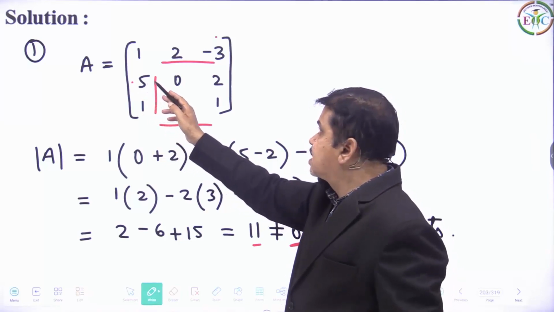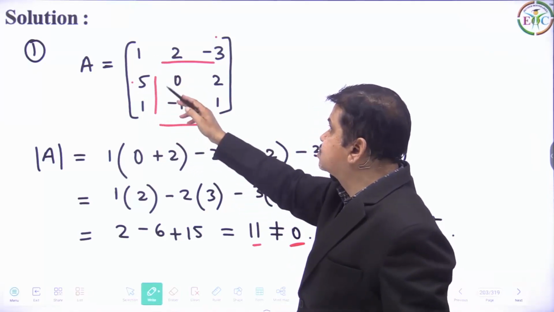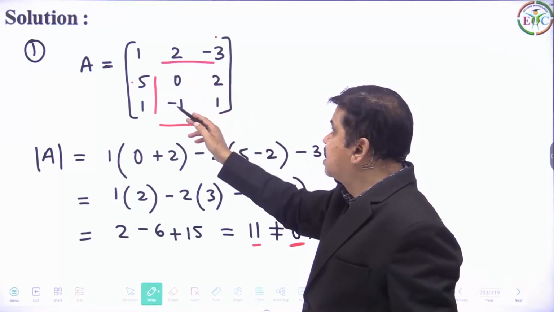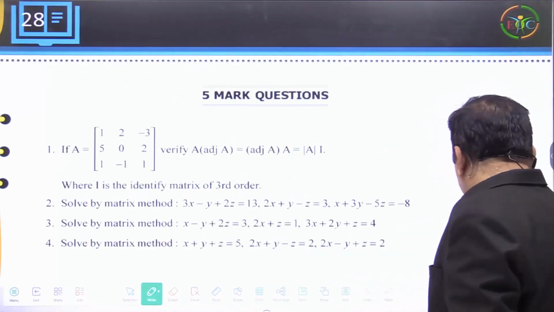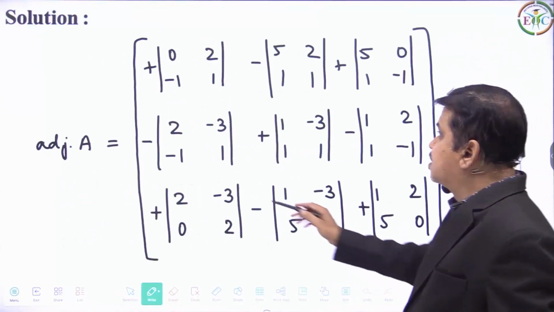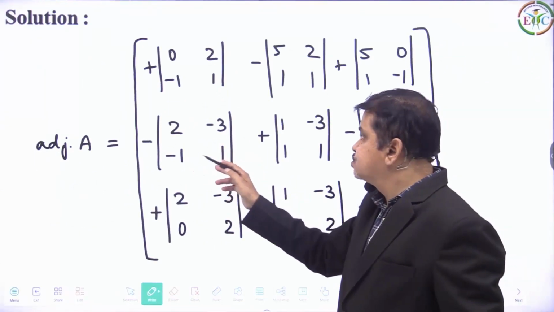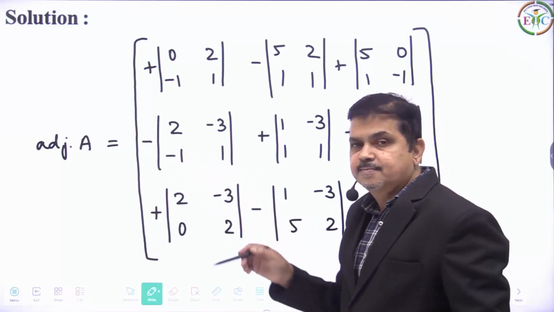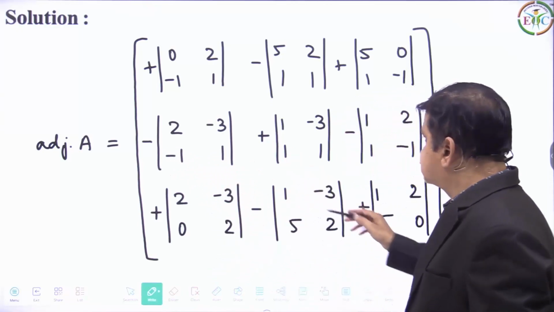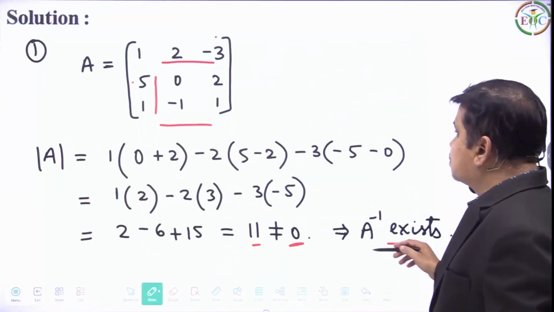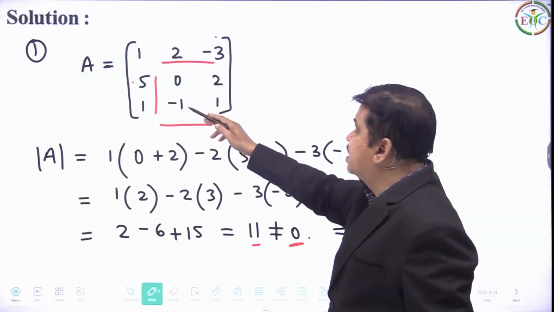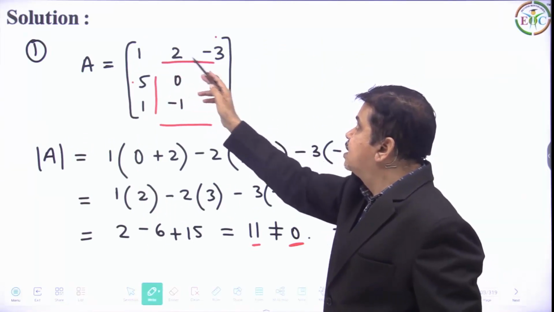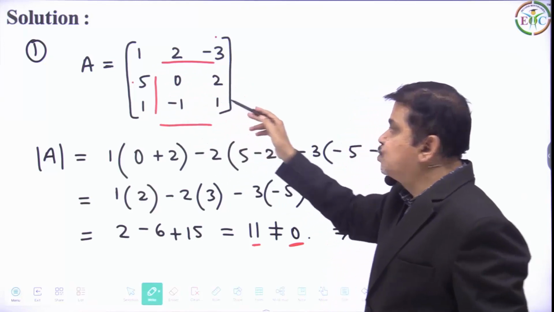Leaving out the corresponding row and column elements, you are left with 2, minus 3 and minus 1 and 1 as the elements of the determinant. You can write this as 2, minus 3 and minus 1 and 1 with a negative sign, and plus, cofactor of A22, leaving out the corresponding row and column elements, you are left with 1, minus 3 and 1 and 1.